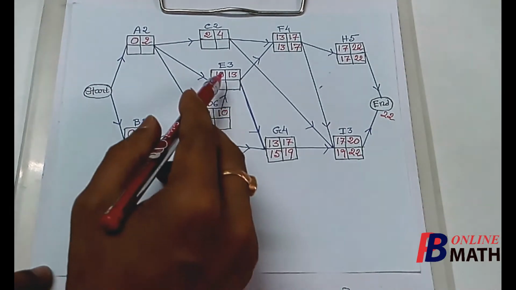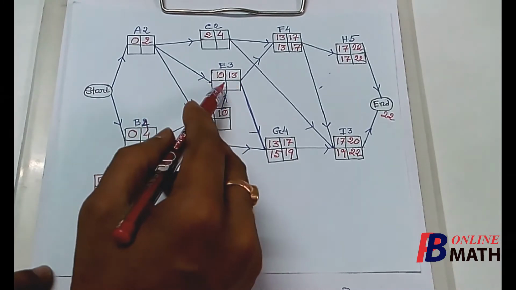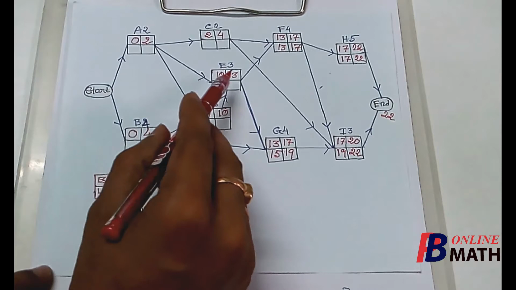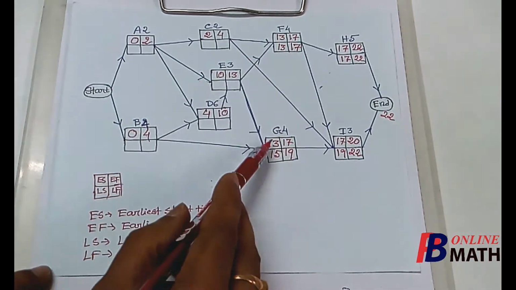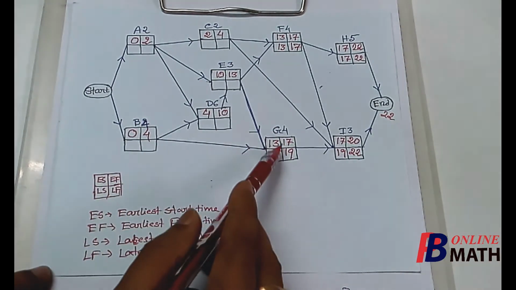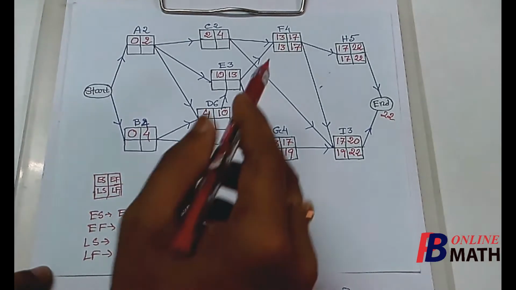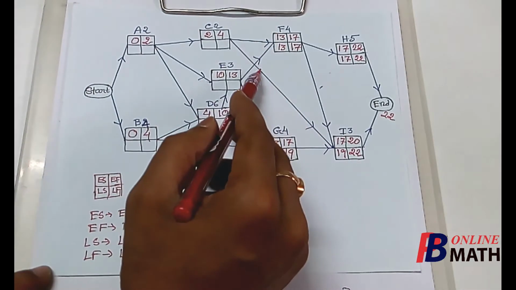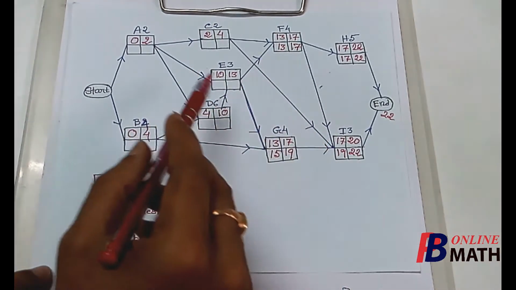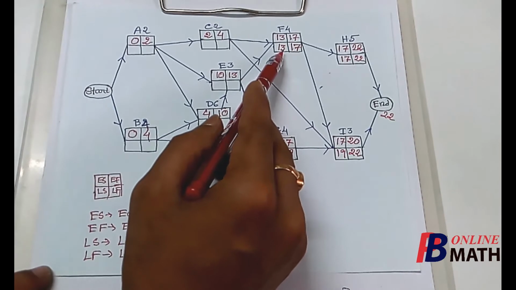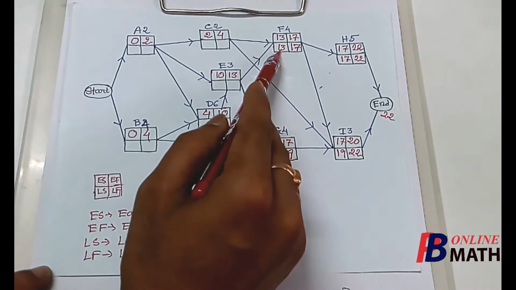We consider the next activity E. Now here we find that the activity E must be completed before we can start both the activities F and G. Here we find that the activity G must be started latest by 15 days and the activity F must be started latest by 13 days. So the activity F must be started as early as after 13 days.